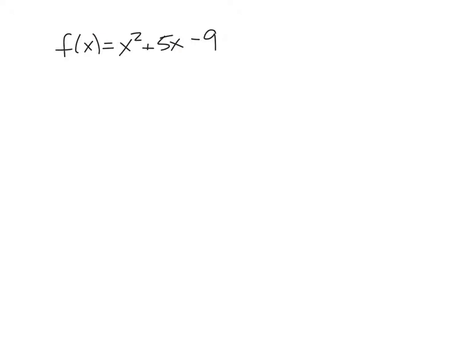What do we need to do first? Get the 9. All right, so we'll move it over out of the way a little bit. Now what are we going to do? So 5 over 2. All right, so then we got to square that. And we get what?